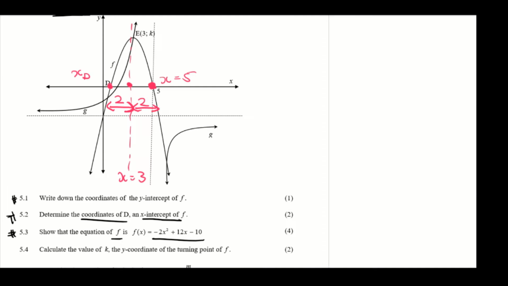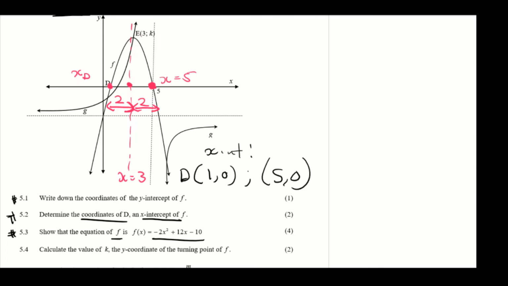For us to show that, we should know our intercepts, and the turning point we don't really need in order to find the equation. So the x-intercepts are important, and we found D to be 1 and 0, which is one of the x-intercepts, and another x-intercept that was given is 5 and 0.